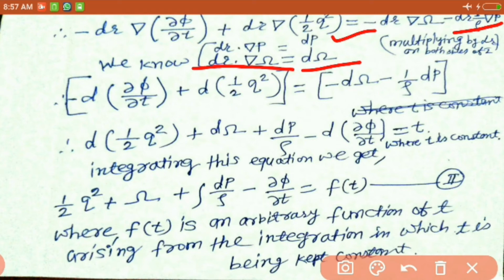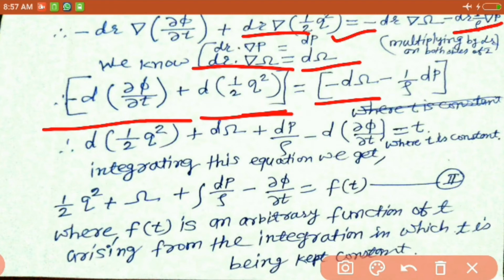We get, in place of this, minus ∂φ/∂t plus the derivative of 1/2 q² from this, and dr·∇Ω is dΩ, and dr·∇p/ρ gives dp/ρ.